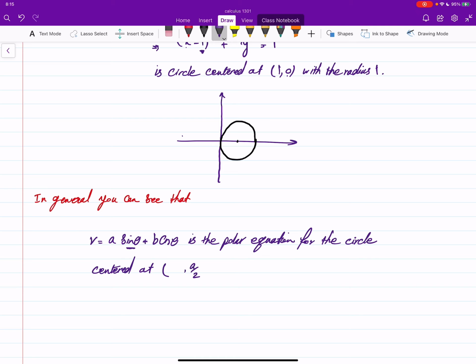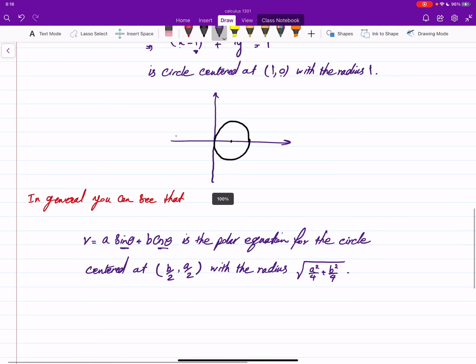And the B part, the coefficient of cosine, will generate the first coordinate of the center. So it is centered at B over 2 and A over 2, with the radius the square root of A squared over 4 plus B squared over 4. So in general, that is the case.